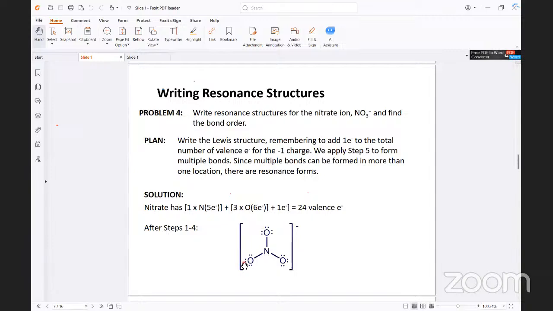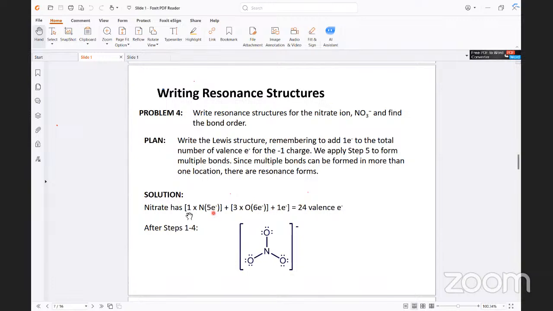Now, the principle of writing the Lewis structure is for you to first calculate the total number of valence electrons.